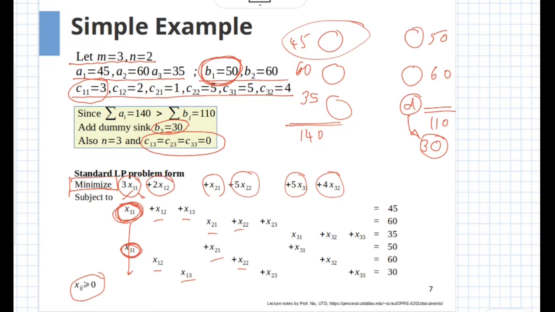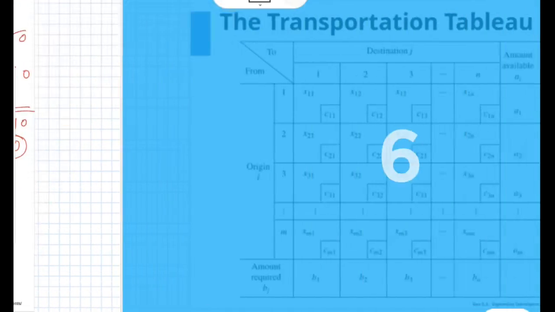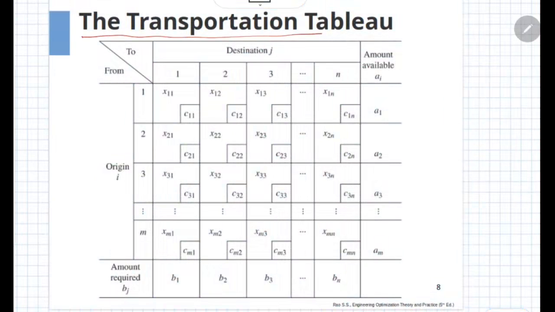For solving the transportation problem, we use a specific table format which is known as a Transportation Tableau. This is a table on which all operations of the transportation problem are done. This particular table is of size m by n, where m is the number of origins. The origins are specified on different rows of this table, and the destinations are specified on the different columns of this table.